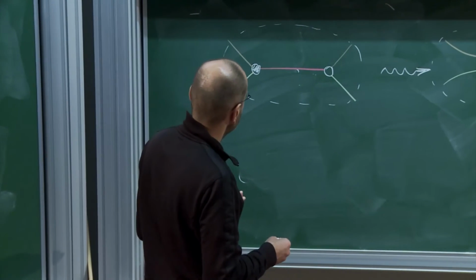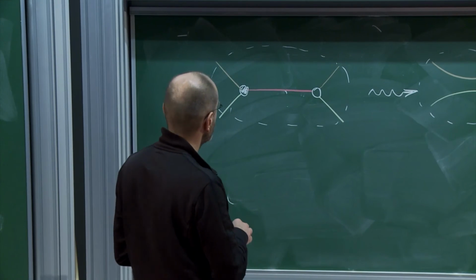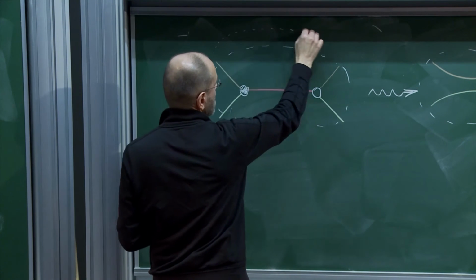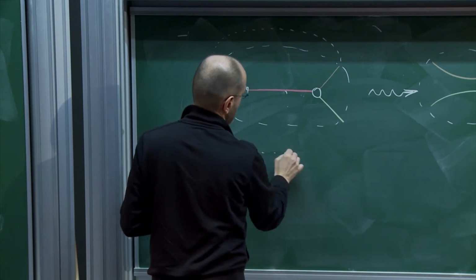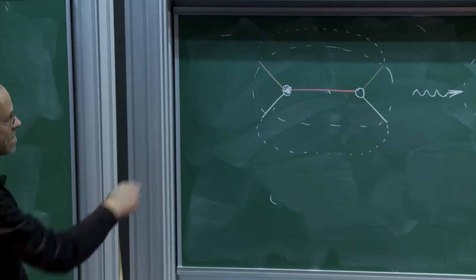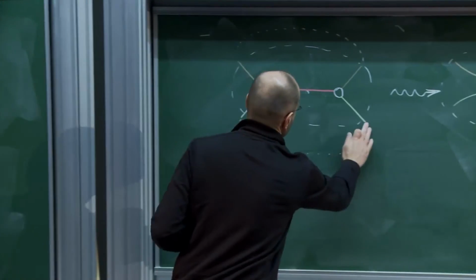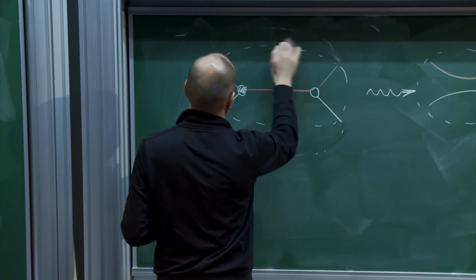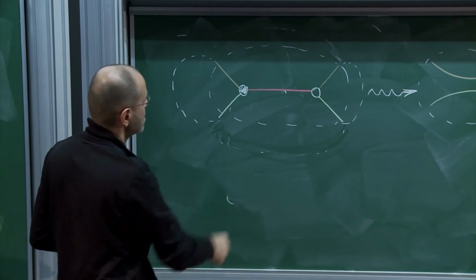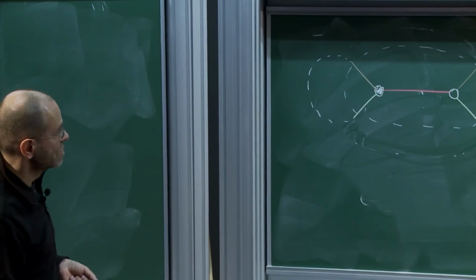So what can happen is the following. Either we have one cycle like this, then deleting this edge splits it into 2, or we have 2 different cycles like this, and then deleting this edge joins these 2 cycles into 1.